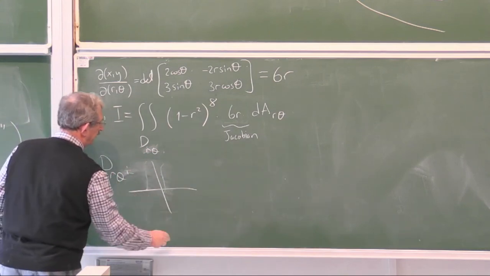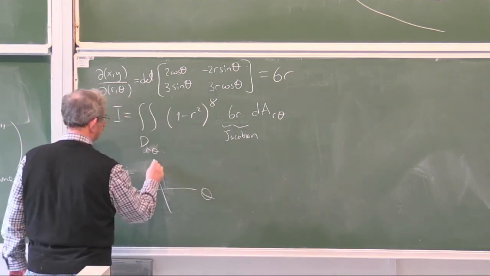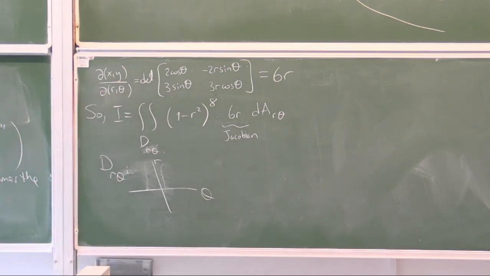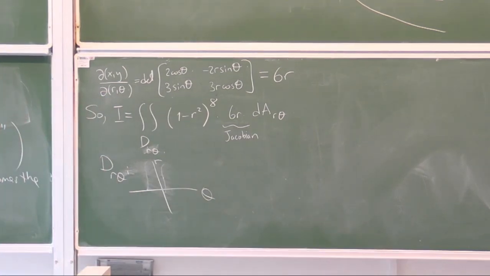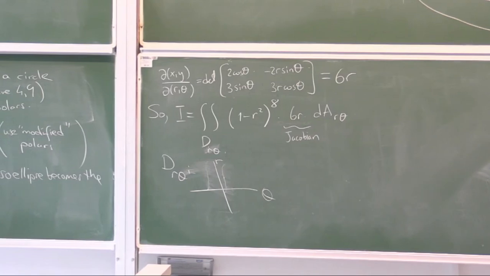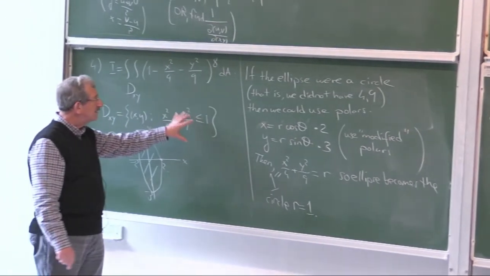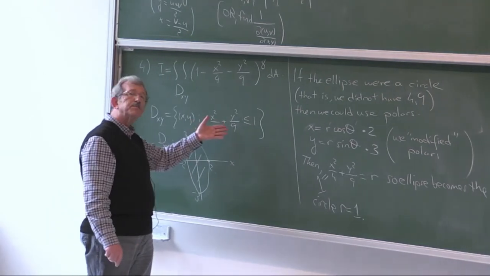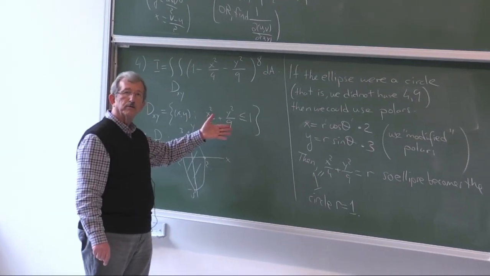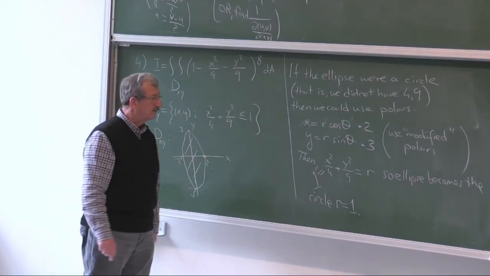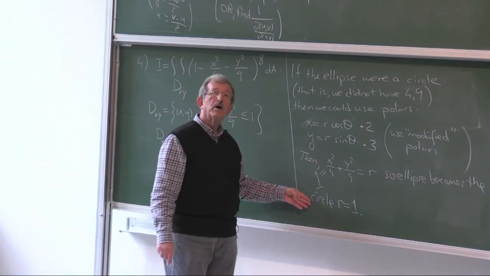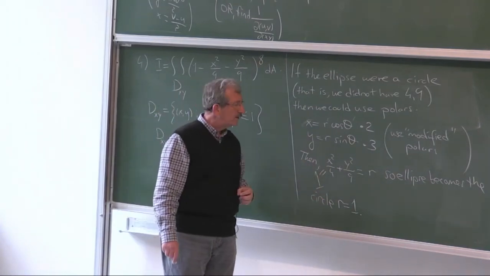Now, what is D in the r theta system? What happens to our D in the original? D was the inside of this ellipse, but this ellipse is r equal to 1. We calculated that. It's a circle now with this new variable.